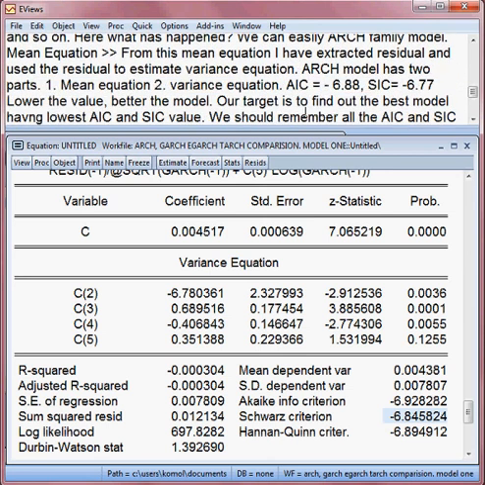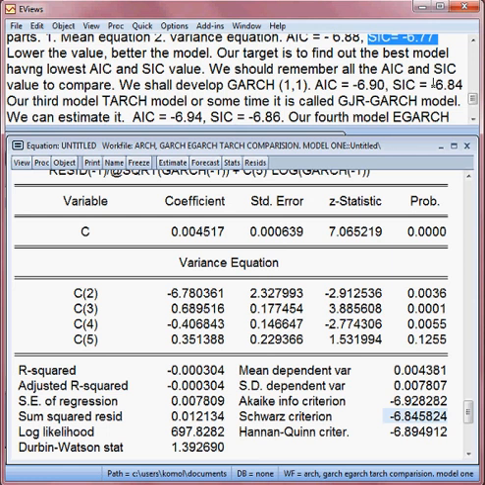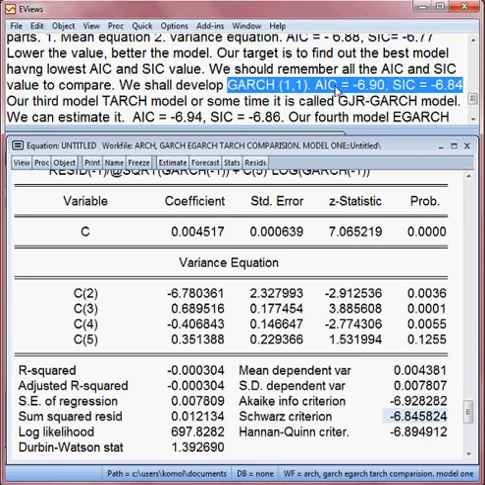The first model was the ARCH 5 model, and their AIC is minus 6.88 and SIC was minus 6.77. Then the second model, GARCH 1,1, and here the value of AIC was minus 6.9 and SIC was minus 6.84.